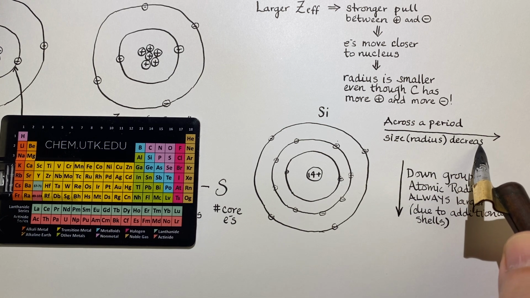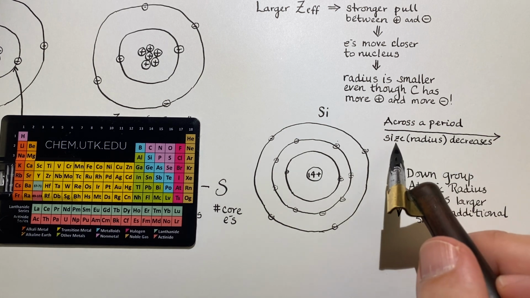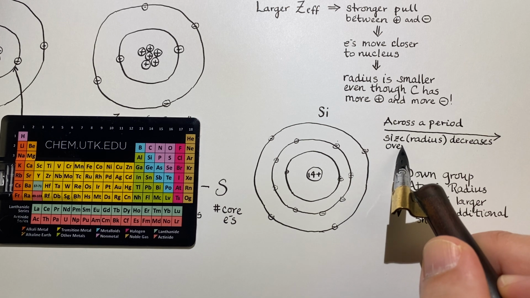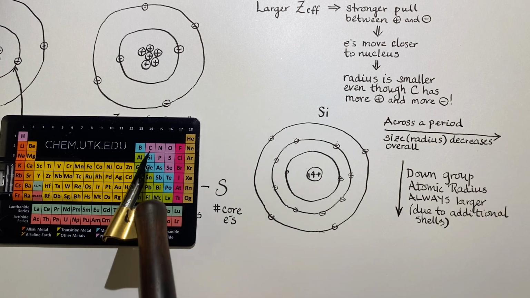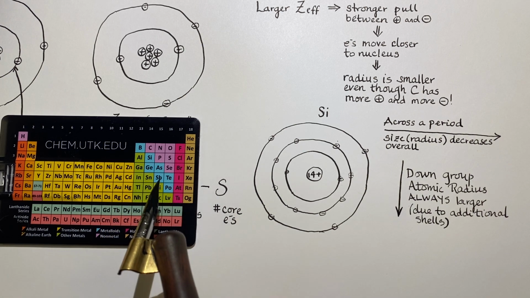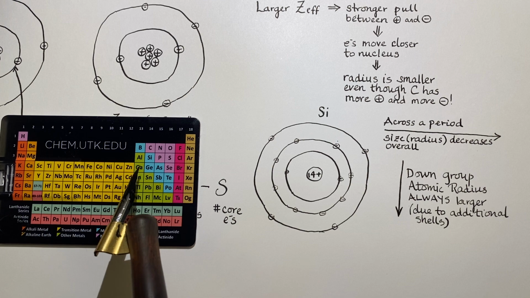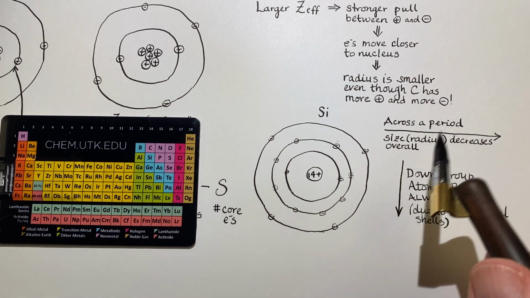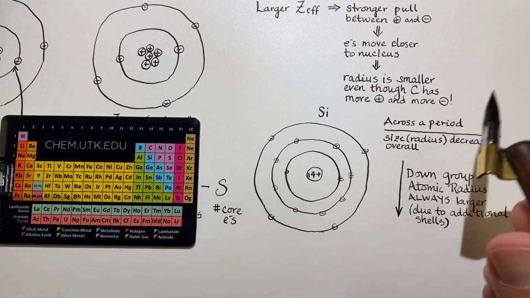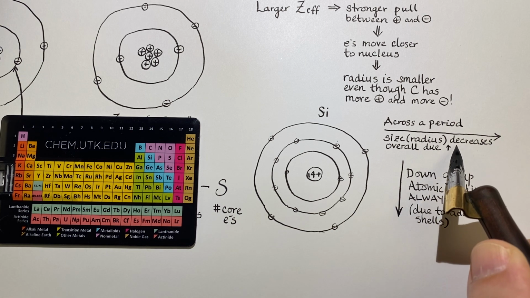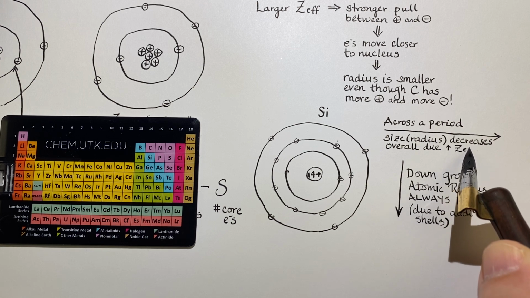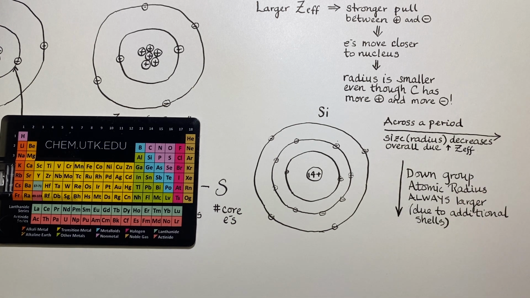And notice that this is overall. There are small exceptions. There's some little glitches that you see here and there, little jumps. Okay, but overall, you see a decrease due to the increase in the effective nuclear charge as you go across the period. Okay.